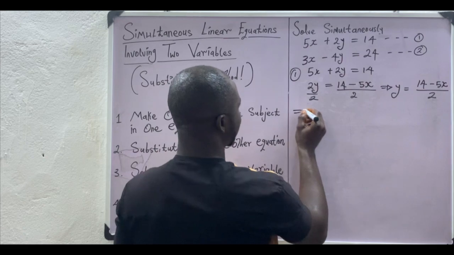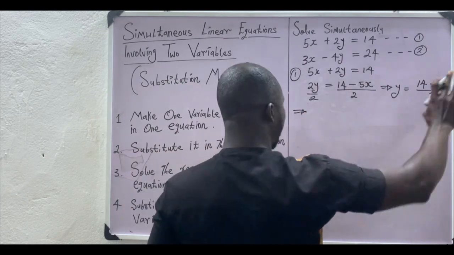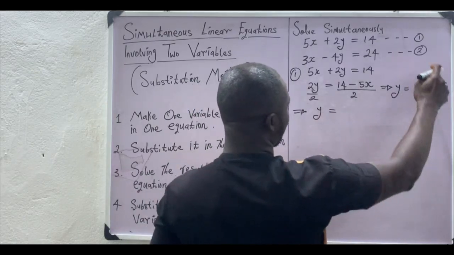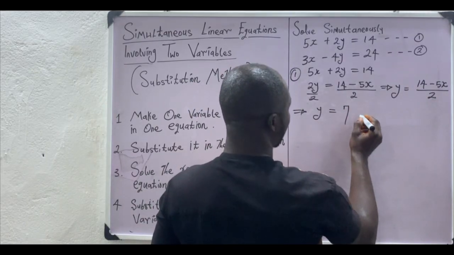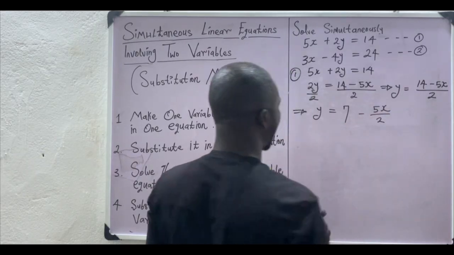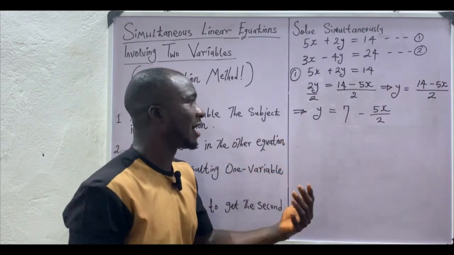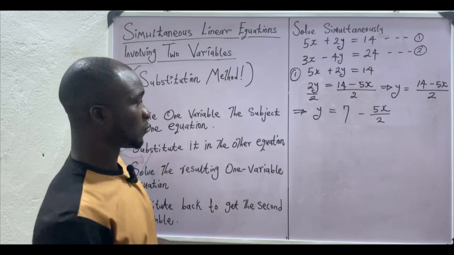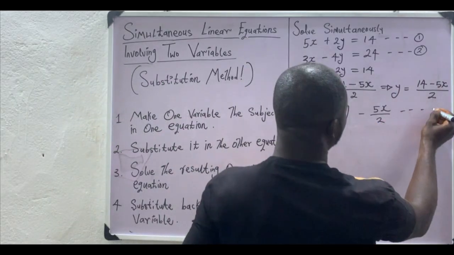Now, this means I can separate this, and I have that y is exactly 14 divided by 2, which gives us 7, minus 5x divided by 2. So here I have isolated y, or I have made y stand alone on one side of the equation. Now I can decide to call this my equation 3.